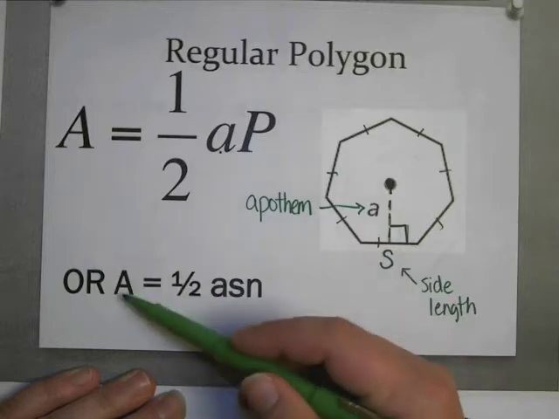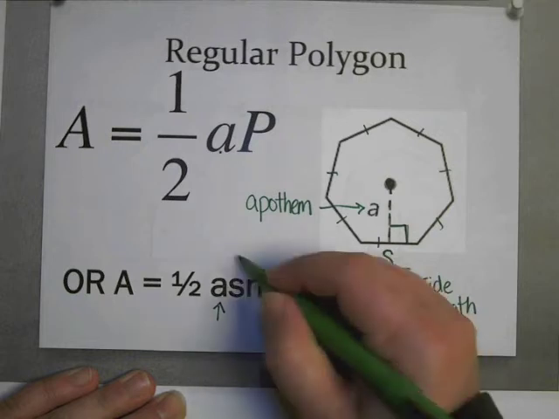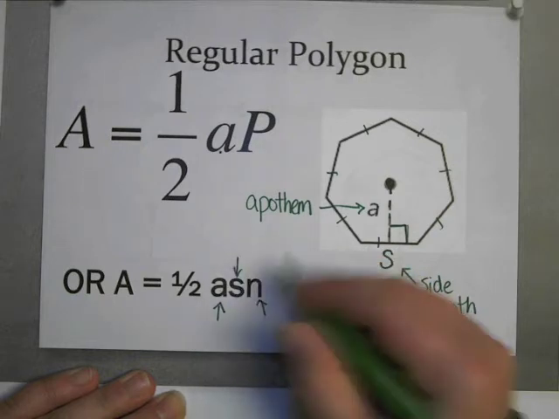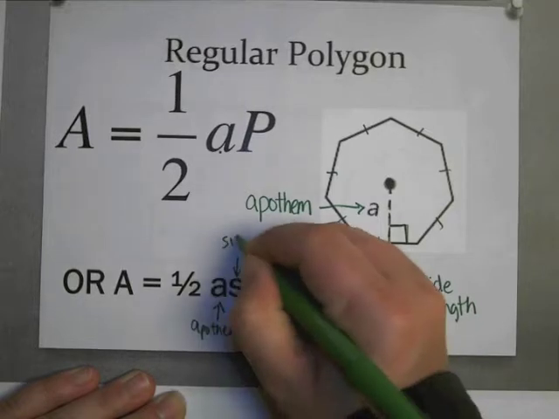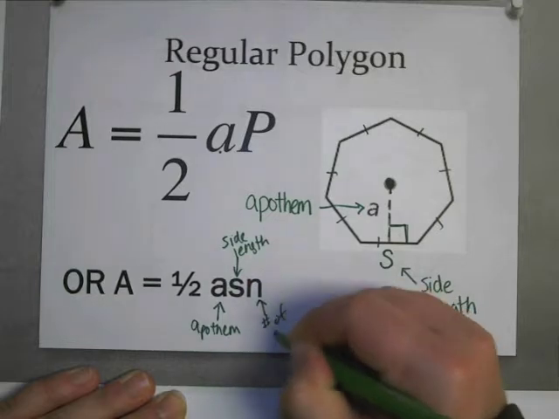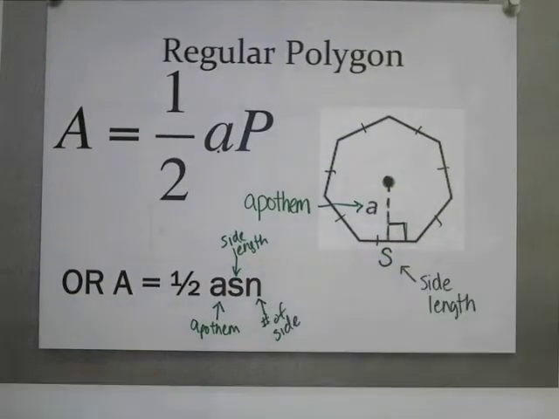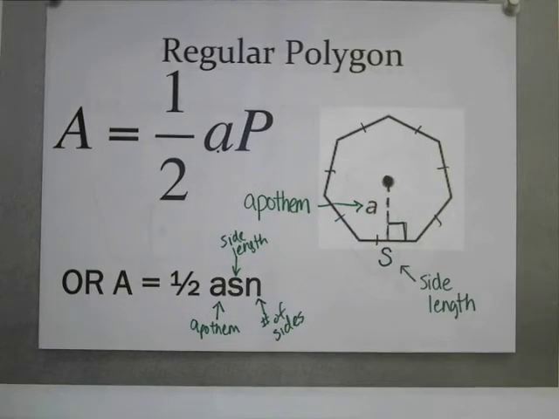Or area equals 1/2 times the apothem, the side length, and the number of sides, which, remember, S times N is really just P, because that's our perimeter all the way around. So if you remember either of those two formulas, it's going to help you when you're trying to find the area of a regular polygon.